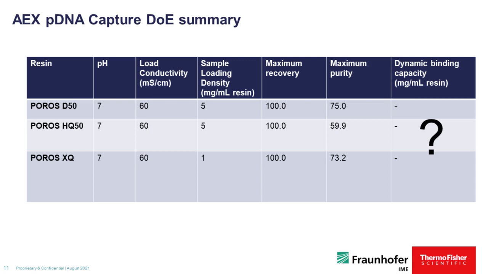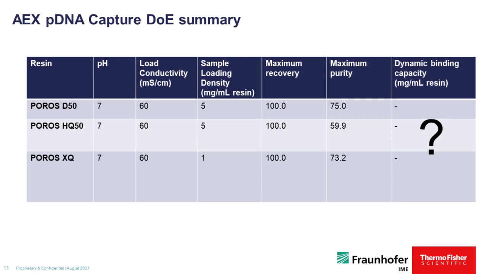So in summary, that's what's shown on slide 11. I'm showing the results for the D50, HQ, and the XQ. Across the board, we see that pH 7 was the most ideal loading pH, and a higher load conductivity of 60 millisiemens per centimeter resulted in the optimal recoveries for all three AEX resins.